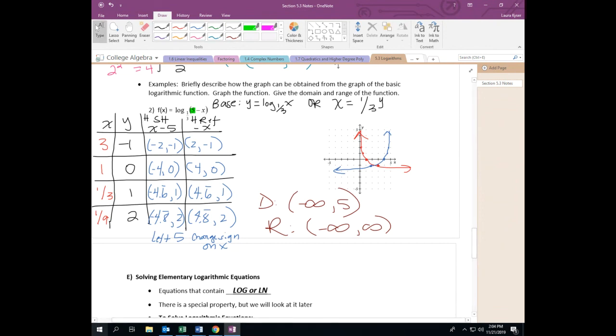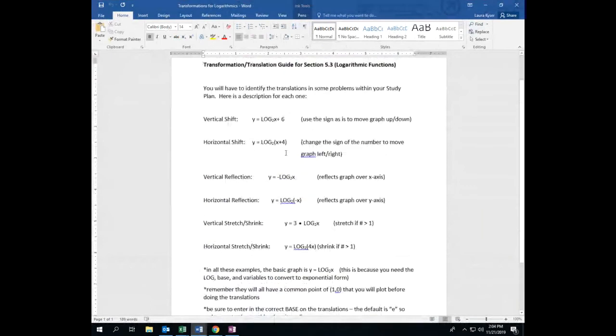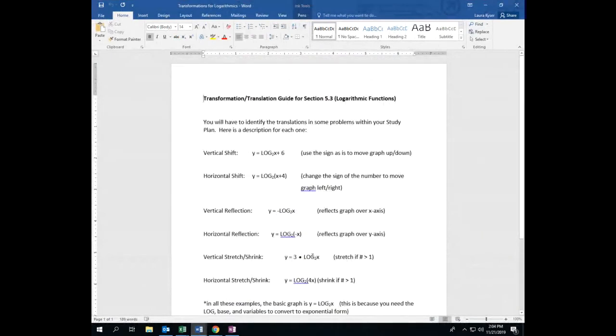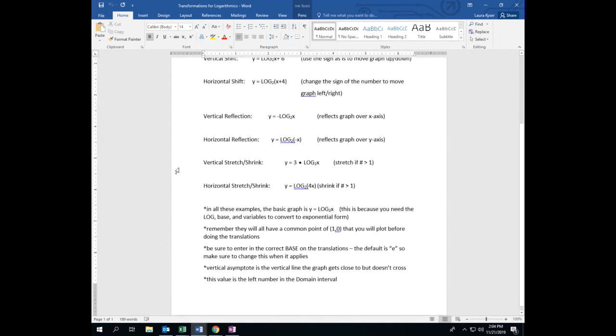So we're going to use this transformation sheet. I'm going to come back over here. Here it is. We're going to use this transformation sheet to be able to create our transformation graph. And we're going to say what we're doing to it, which I think is just going to take the parent graph and flop it all around. So just make sure that you change your base in there so that you know what base is happening.